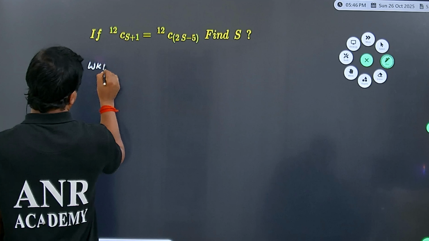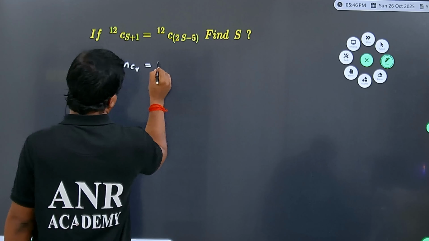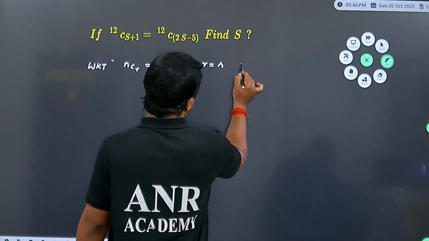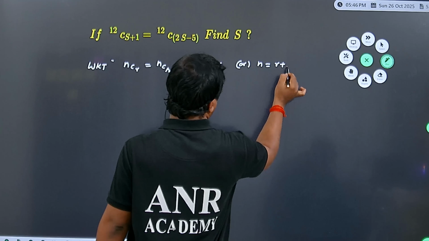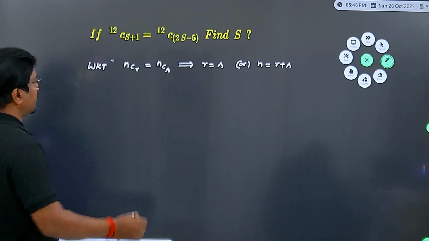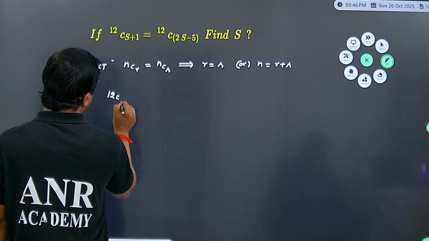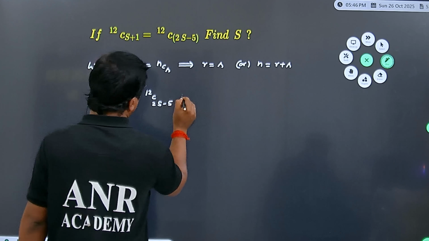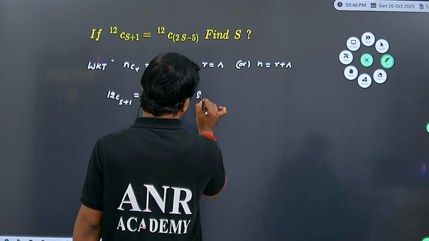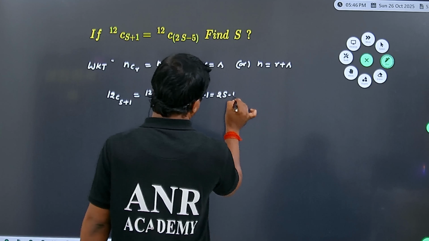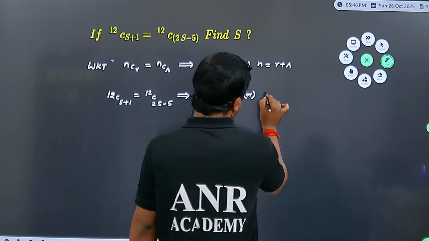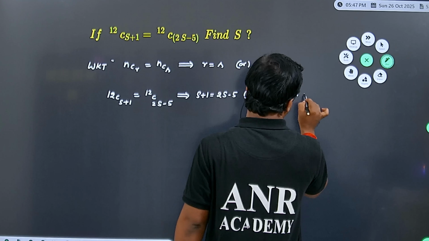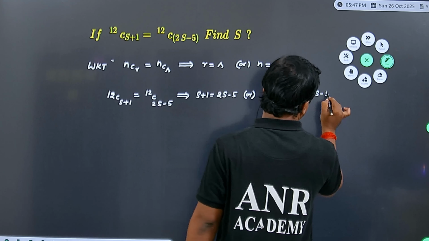We know that NCR equal to NCS implies either R equal to S or N equal to R plus S. Here 12C S plus 1 is given as 12C 2S minus 5 implies you can write S plus 1 value equal to 2S minus 5 or 12 written as combination of these two, that is S plus 1 plus 2S minus 5.